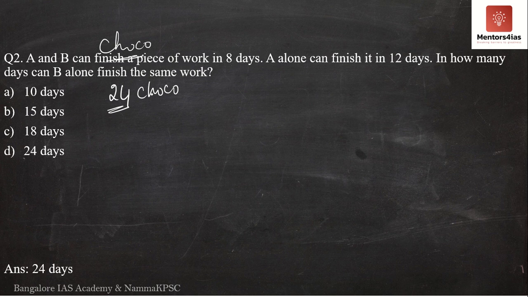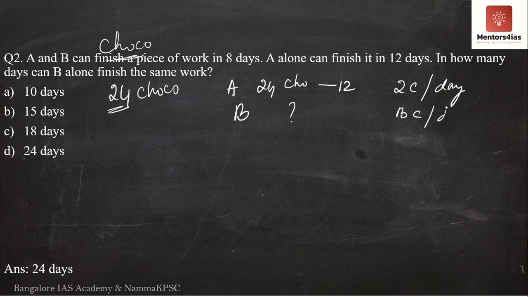Now if the number of chocolates to be eaten is 24, A can eat 24 chocolates in how many days? 12 days. Therefore in 1 day, how many chocolates does A eat? 2 chocolates per day. B, I don't know how many chocolates B eats per day.